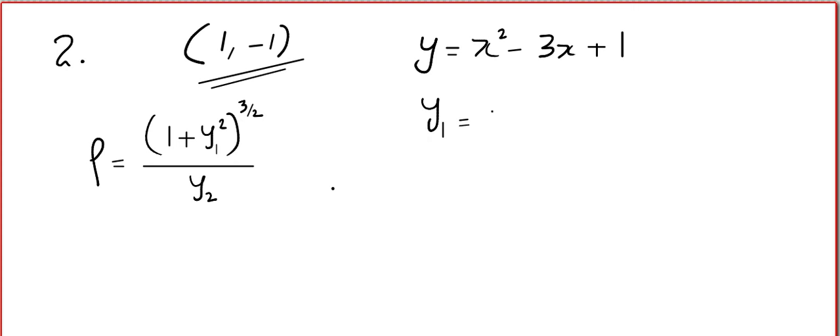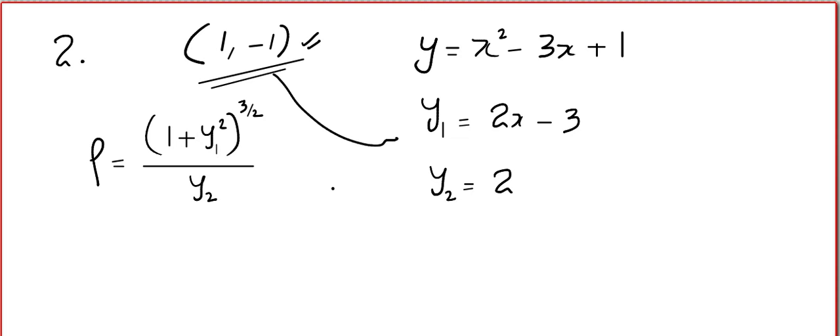We have to find y1 and we have to find y2. I'm sure you understood that differentiation. Now there are two options. Either you plug in all these quantities here and substitute the point, or you plug in the point here and then substitute the value. Both will work.